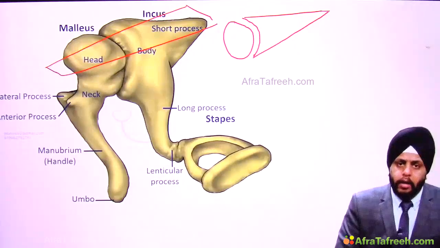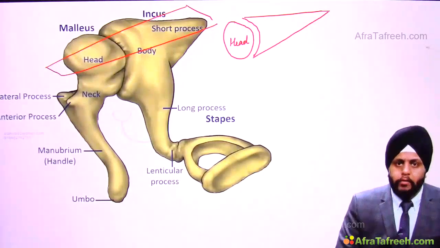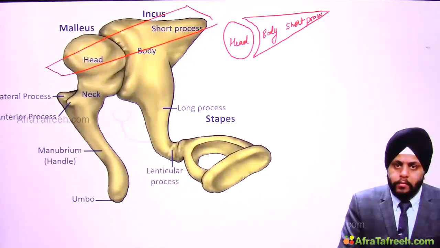Here the ice cream is formed by the head of malleus, and the softy cone appearance is given by the body and short process of incus.